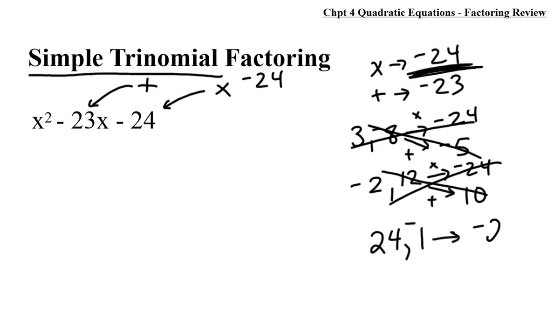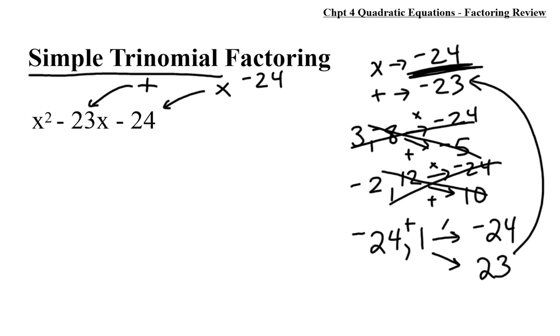This will multiply to negative 24, and it adds to positive 23. We need a negative 23, so we got the right numbers. If I just switch my signs, negative 24 and 1 gives me a negative 24 when I multiply. Negative 24 and 1 gives me my negative 23. There's the combination I need.